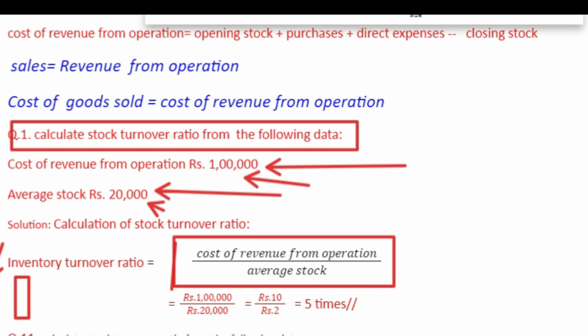It indicates the rate at which inventory of finished goods is converted into revenue. It also measures liquidity, determining how many times inventory is purchased or replaced during the year. So during the year, inventory is purchased or replaced 5 times.